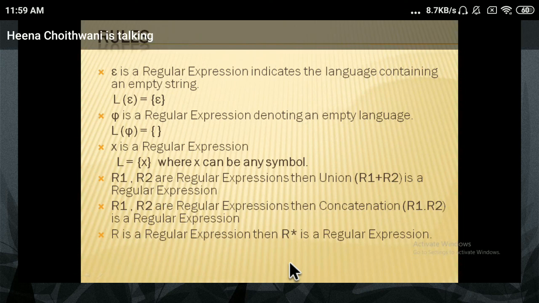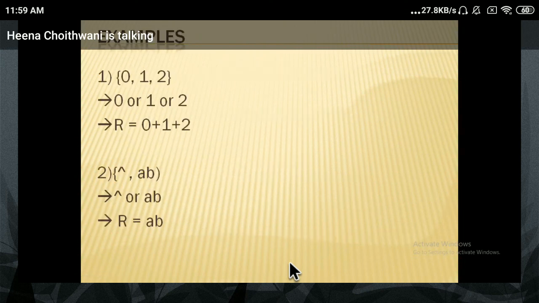Okay, let's look at a few examples. Please check example number 1. Now I'm using these rules. Example number 1 says three symbols 0, 1, 2. Can you see the three symbols? We have three symbols in my first set: 0, 1, 2. I'll be converting that language into a regular expression. I have replaced the comma with 'or', and 'or' is nothing but plus.